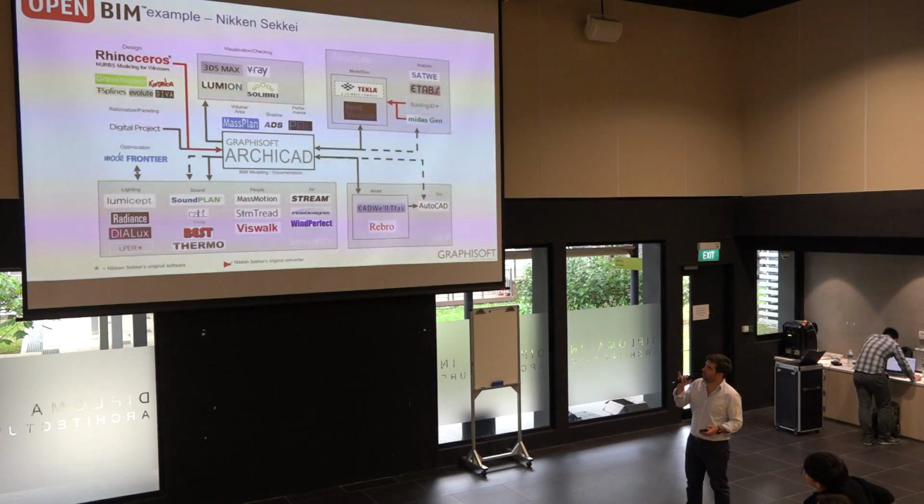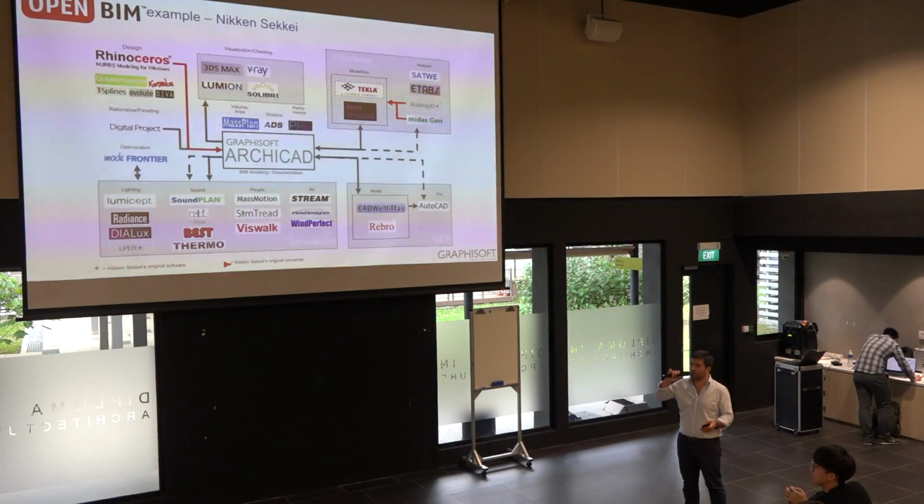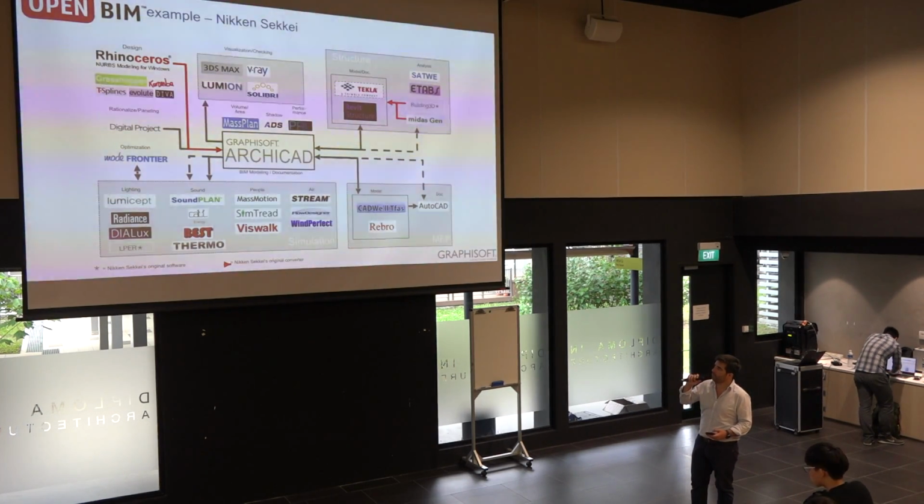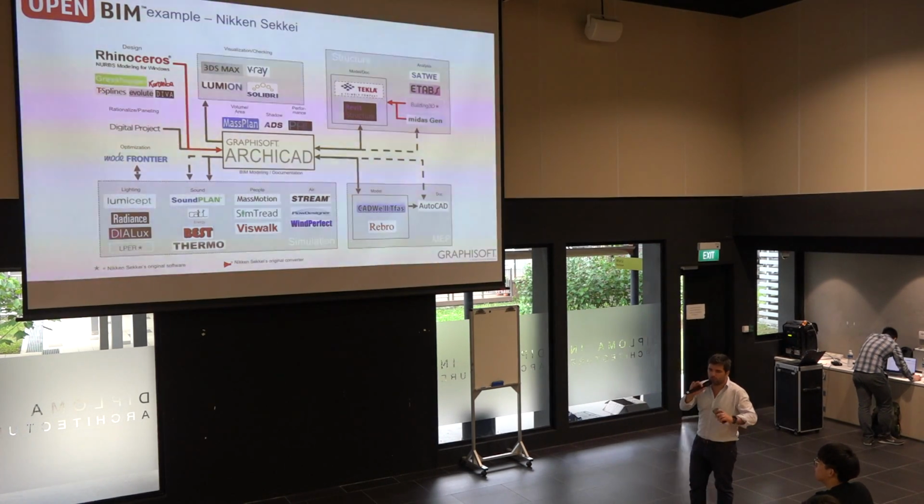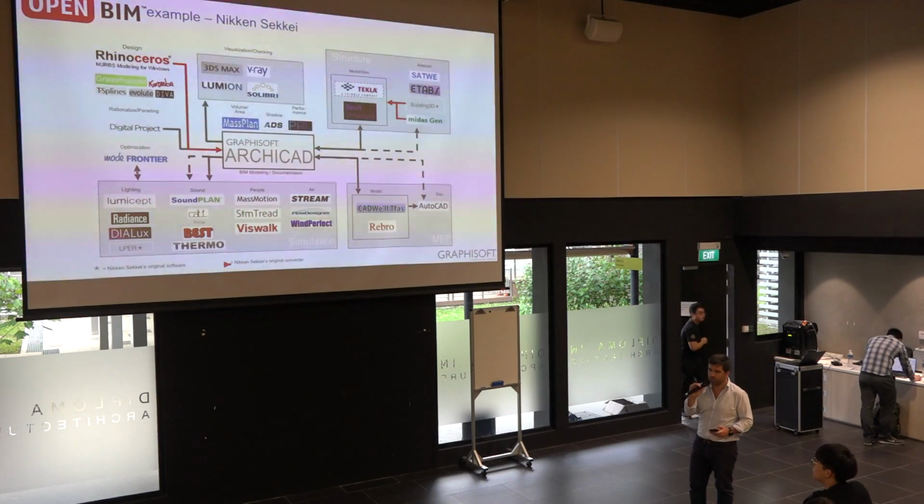And the interesting thing here is that you can generate the building in ArchiCAD, then send it to these tools for the analysis, or you do some analysis outside and then bring it to ArchiCAD, so it works both ways. But again, I want you to keep in mind that you can use whatever tool you want for whatever purpose you want.